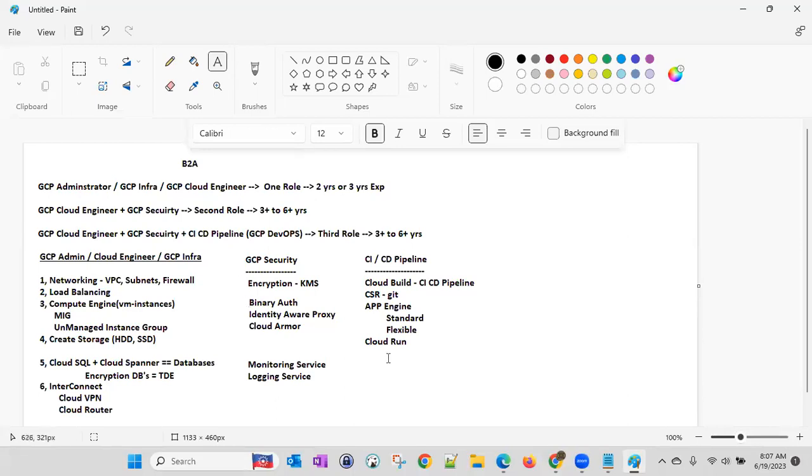Like this, we have GKE, nothing but Google Kubernetes Engine. This is very, very important. But for those who are mentioning 3 years or 2 years, and if you have 4 or 5 years or 6 years of experience, they need to know GKE in depth. But as of now, this is okay.